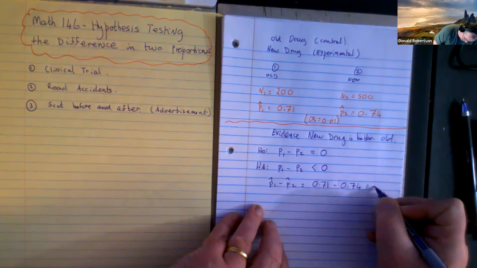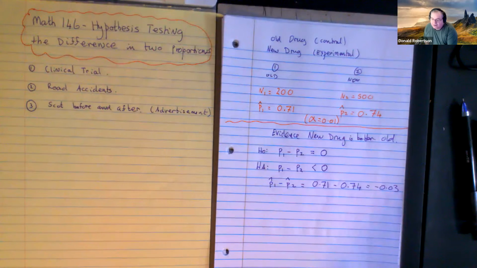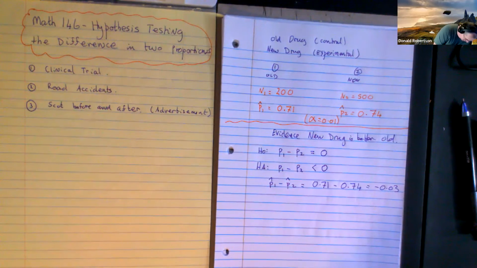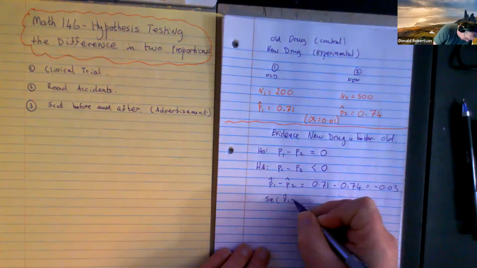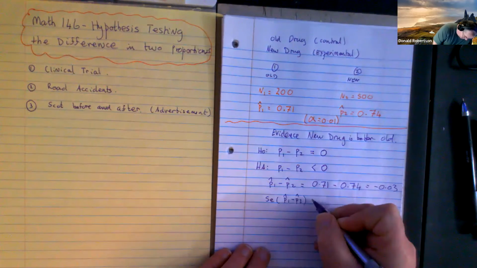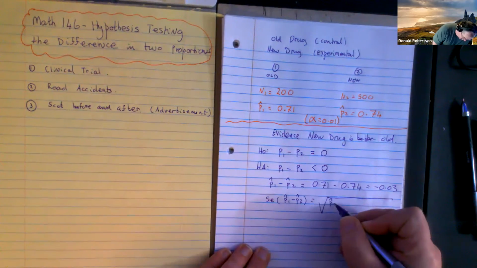And that's good news. It is negative. We were hoping for that, but it's not a very big negative, is it? It's only a few percent, but it is negative. We have to find the standard error, and that ends up being quite an ugly formula.